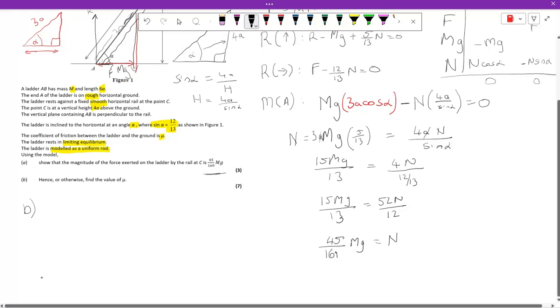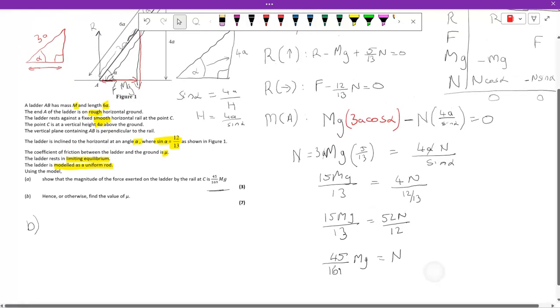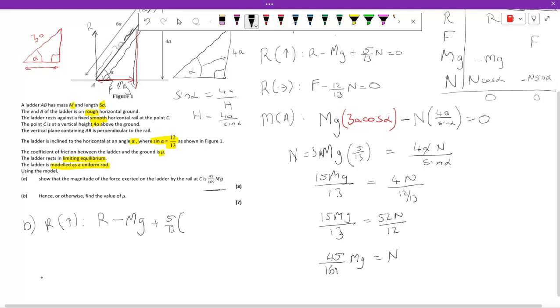Right, okay, fantastic. I've got my N value now, and in my resolved equation, if I look at my vertical, I've got R minus mg plus 5 over 13 times my N value from here, which is 45 over 169 mg, and that's equal to 0.